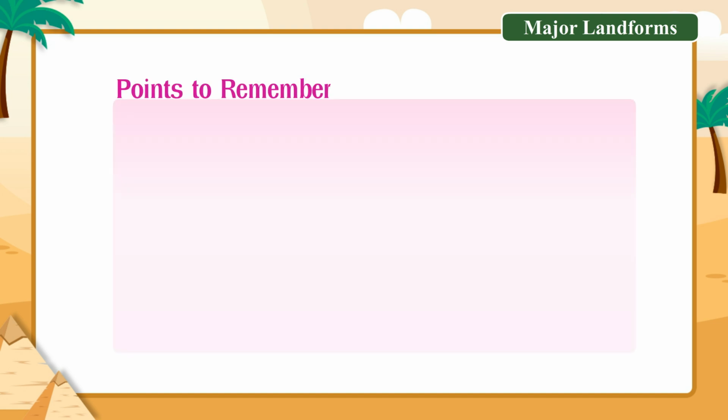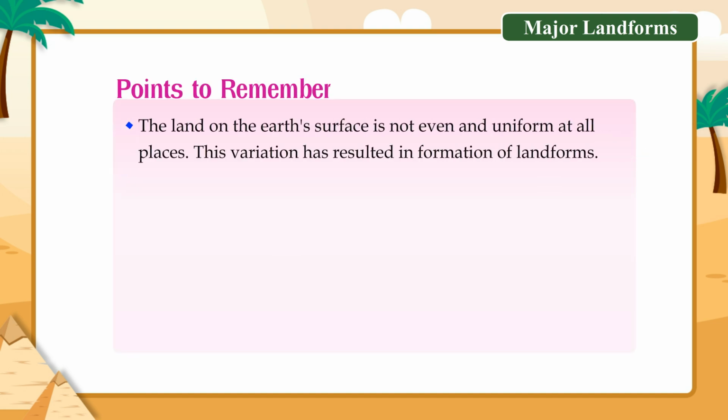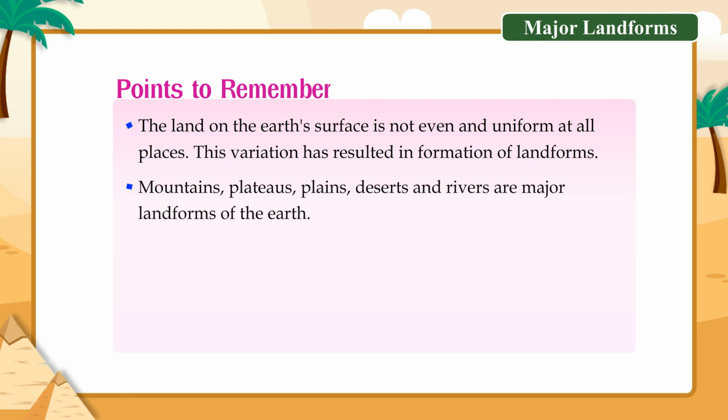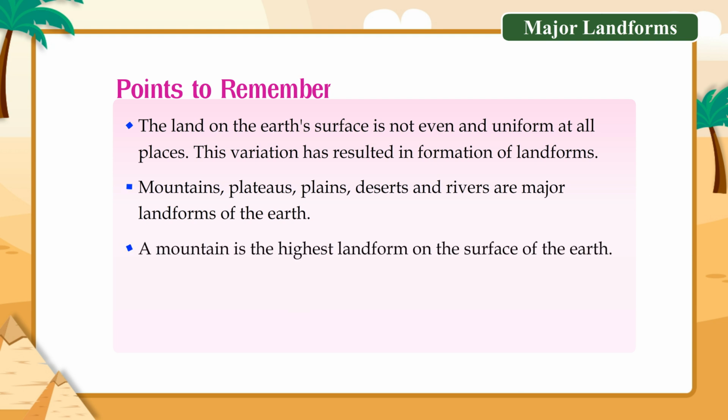Points to remember: the land on the Earth's surface is not even and uniform at all places. This variation has resulted in formation of landforms. Mountains, plateaus, plains, deserts, and rivers are major landforms of the Earth. A mountain is the highest landform on the surface of the Earth.